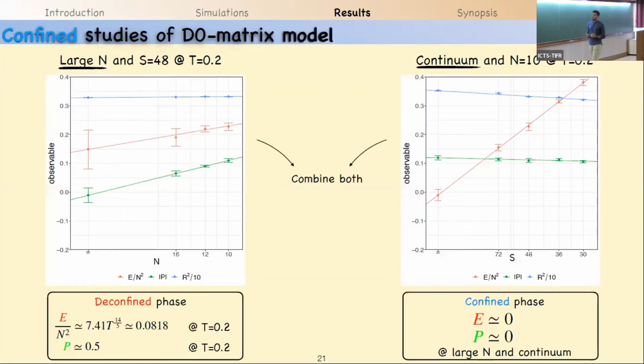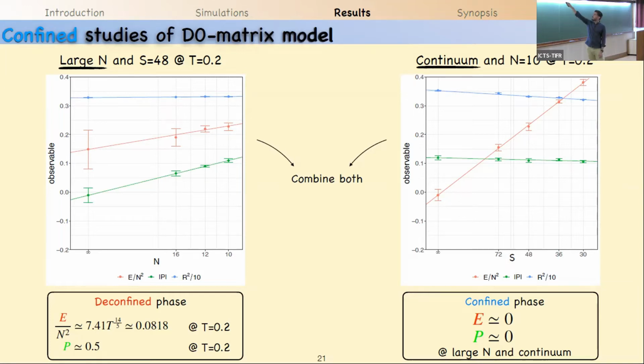I saw this exactly in this slide, and I want to bring to your attention, for example, the left panel. I do large N at specific lattices at 0.2 temperature. You see that when I do the large-N extrapolation, the Polyakov loop, which is the green line, goes to 0. On the other hand, for the same parameters and the same temperature, I do the continuum extrapolation by keeping N fixed.